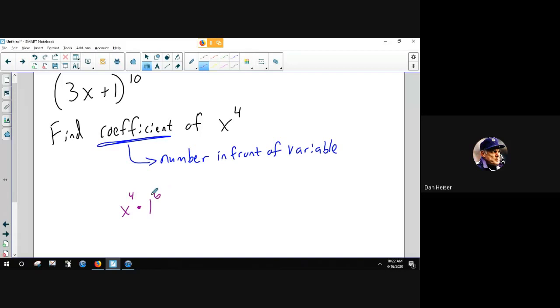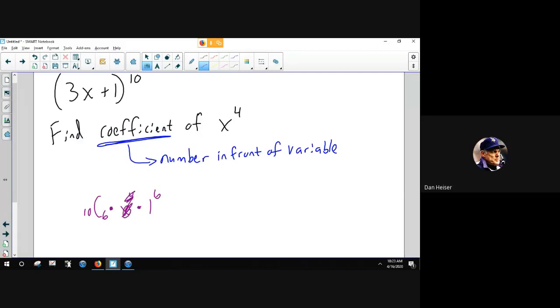That means I need 6 more powers to bring the total powers up to 10. What I don't have is my NCR. I know it's 10C something. Well, this number has to match this power. It's 10C6.